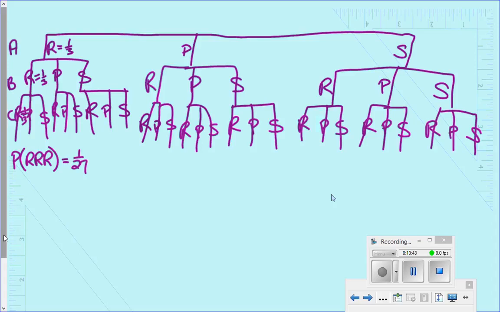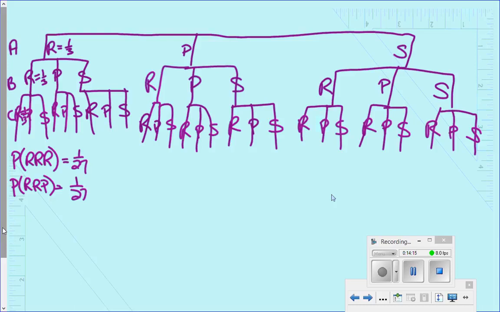By the way, if I were to write all of these out, the next one is rock, rock, paper. Again, that's 1/27. If I were to write every single one of these possibilities out: rock, rock, rock; rock, rock, paper; rock, rock, scissors; rock, paper, scissors; rock, paper, rock; and so on.